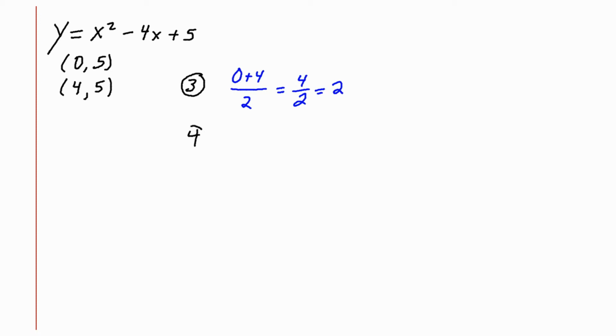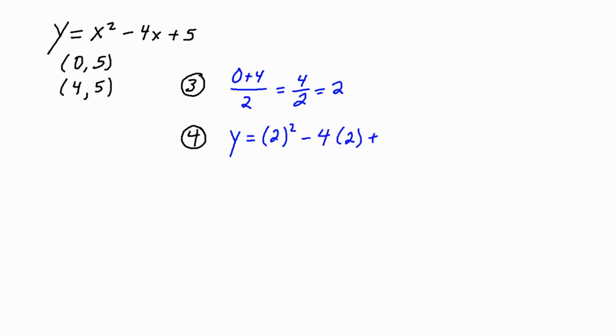Step 4, we want to find the y-coordinate that goes with 2, substituting y equals 2 squared minus 4 times 2 plus 5. 2 squared is 4, minus 4 times 2 is 8, plus 5, which gives us 1. So our vertex is (2, 1).